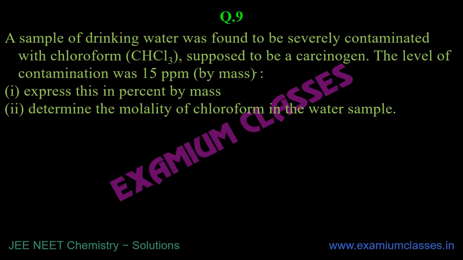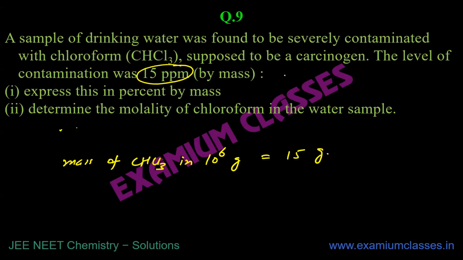The mass of chloroform in 10 to the power 6 grams will be equal to 15 grams. That's what it says. 15 ppm means 15 grams in 1 million grams.